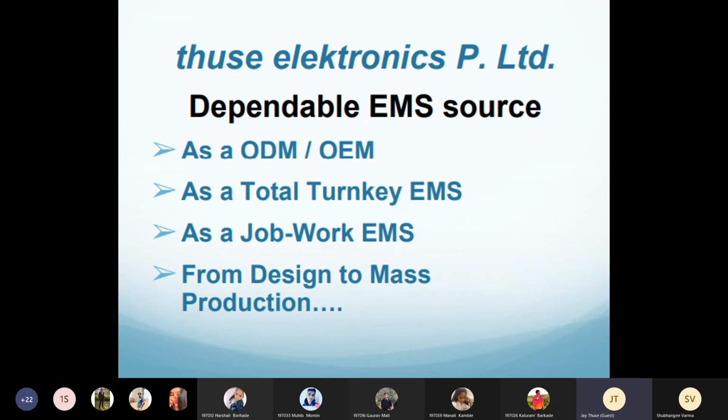We design the PCBs and get them manufactured. We buy all the electronic raw materials and components needed for their product. We do the PCB assembly, and if required, testing as well. That is how the ODM business operates. Under ODM, the original idea is someone else's, but we manufacture and procure everything.